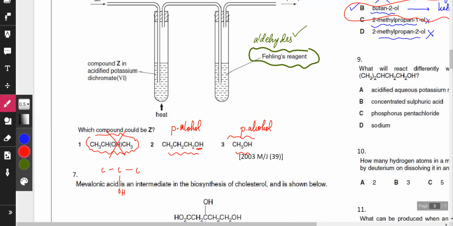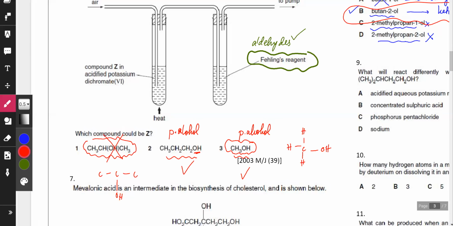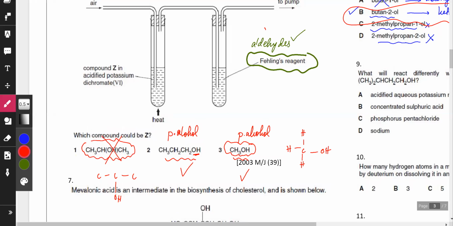This is classified as a primary alcohol, although it doesn't even have a carbon chain. I mean, it has hydrogens on all sides. But this would be classified as a primary alcohol. So both the second and the third one are correct because they're going to turn into aldehydes, and these aldehydes would then further get oxidized to carboxylic acids.